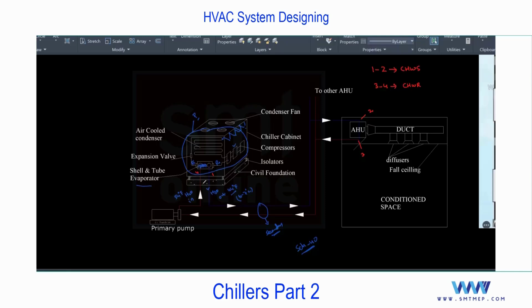If we talk about the chiller, this line we can call an inlet, and this we can call a supply from the chiller. So if you talk about the equipment, the case is going to be different. Here I'm talking about supply and return with respect to the system. So with respect to the system, the supply to the chiller comes under the return line, and the supply from the chiller comes under the supply line. Remember this at the time of pipe sizing. Also, we need to identify this direction.